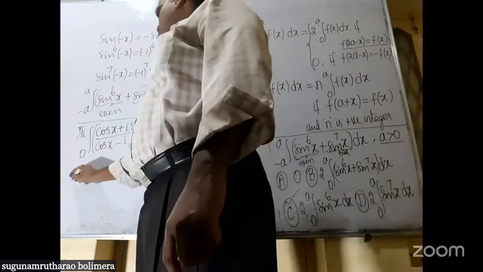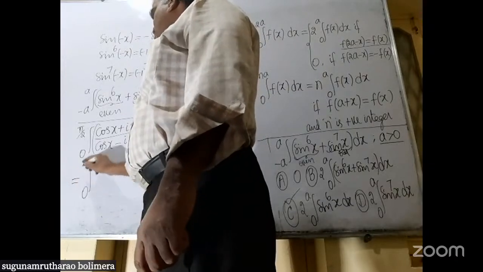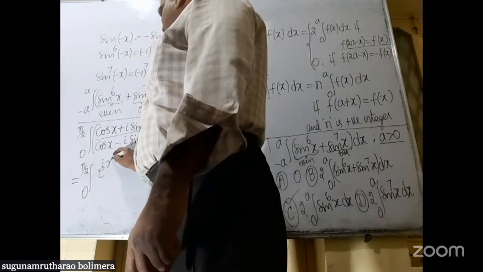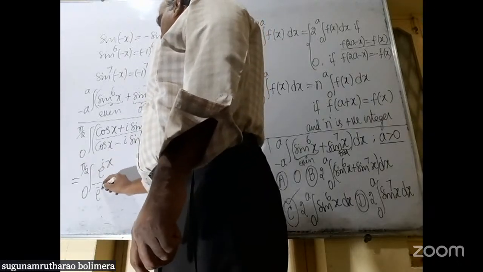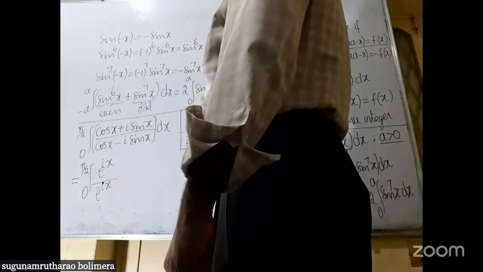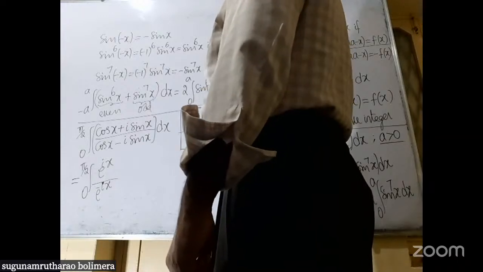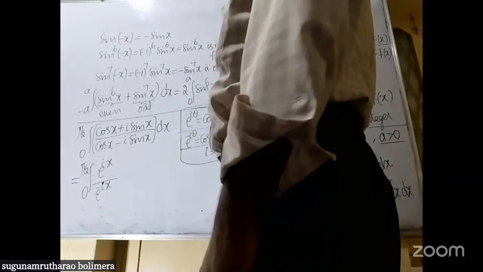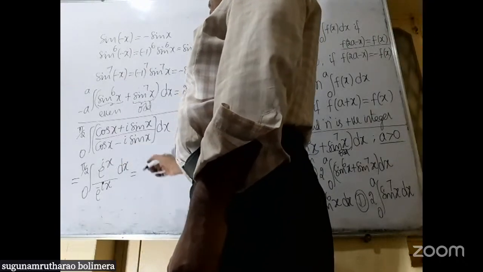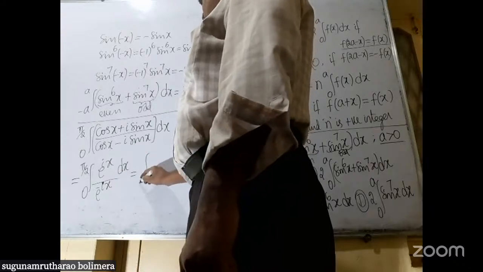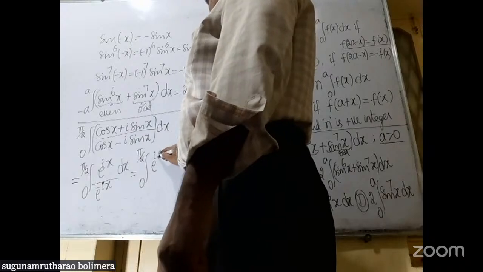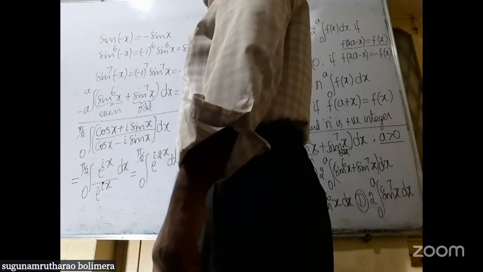This is equal to integral 0 to pi by 2 of e power ix by e power minus ix. Here i is nothing but square root of minus 1. Writing this into the numerator, integral 0 to pi by 2 of e power 2ix dx.